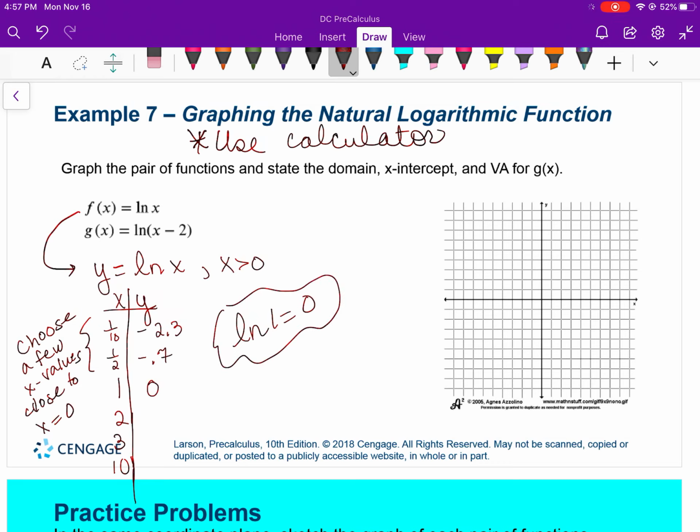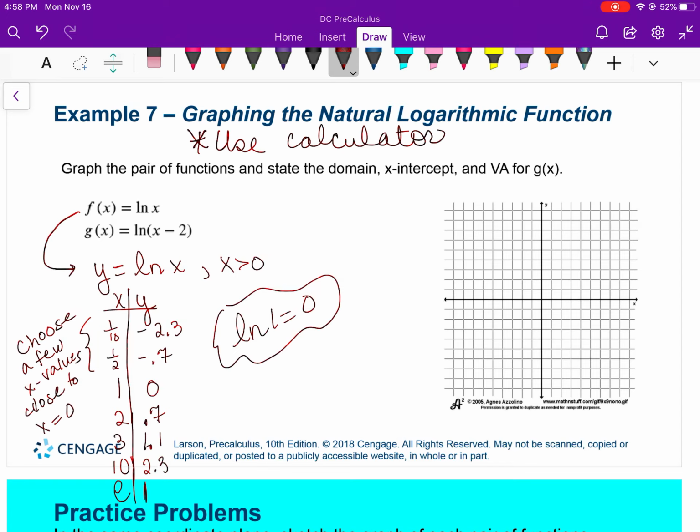And I forgot, another one that you could use is e. The ln of e is always going to be 1. And then back to our table, the ln of 2 is about 0.7. The ln of 3 is about 1.1. And the ln of 10 is about 2.3.